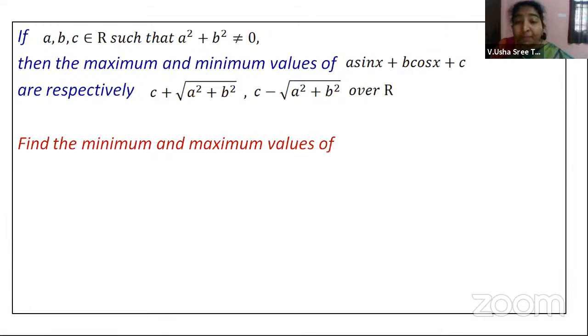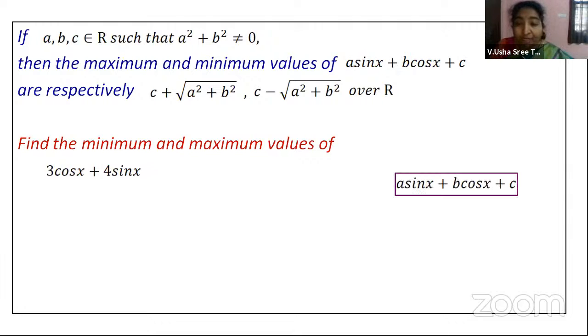Now find the minimum and maximum values of 3 cos x plus 4 sin x. Now it is of the form A sin x plus B cos x plus C. So we'll try to compare this with the general expression we have seen. So we'll say here A value is nothing but 4. B is nothing but the coefficient of cos x.